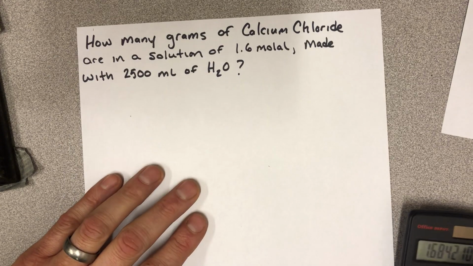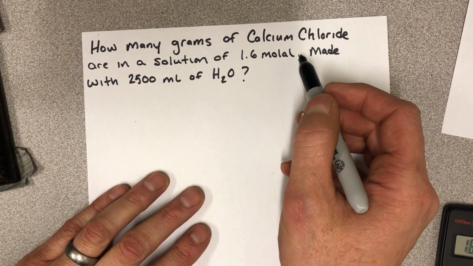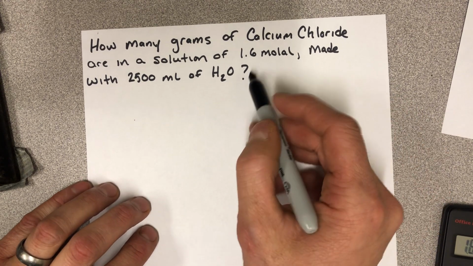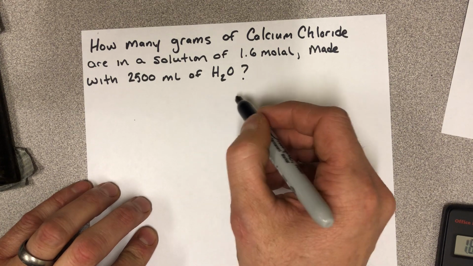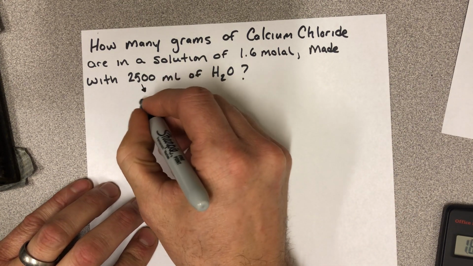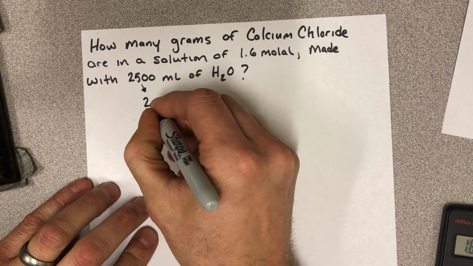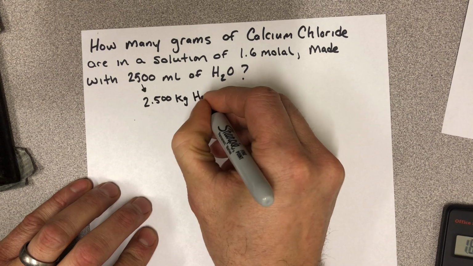Okay, so some are easy like that, and some are a little bit more challenging. Here's a little bit more challenging one. How many grams of calcium chloride are in a solution that is 1.6 molal and it's made with 2,500 milliliters of water? So first thing to do is to divide this by 1,000. This is 2.5 kilograms of water.